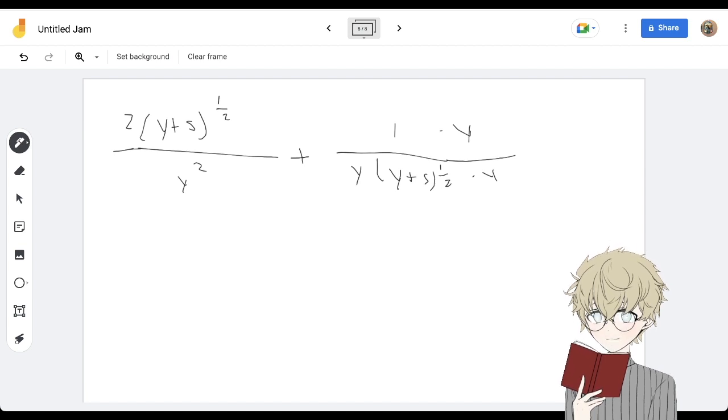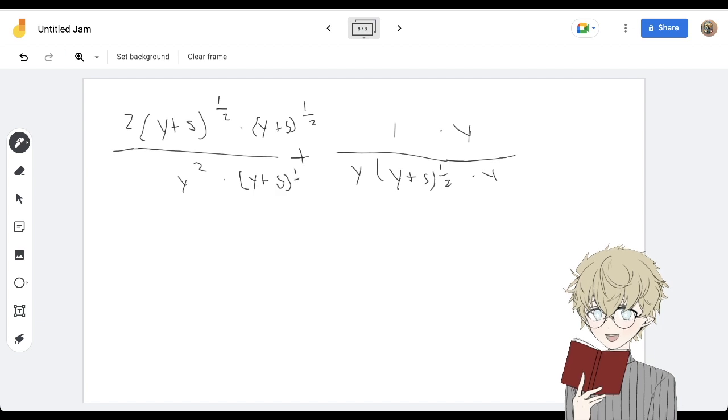We already got that matching. But what we don't have matching is y plus 5 to the power of 1/2. So in order to match that, we do the same thing on the left side, but multiply it into y plus 5 to the power of 1/2. Now you have to do it on both numerator and denominator to make it balance out. That's how I like to think of it, right? Because if you only do it to one, then you're not balancing it, right?